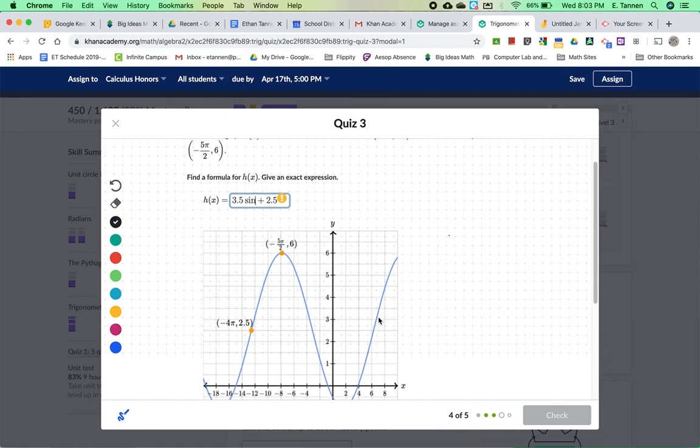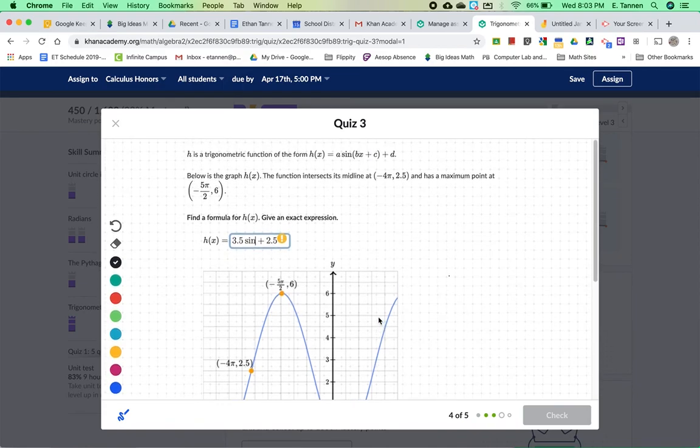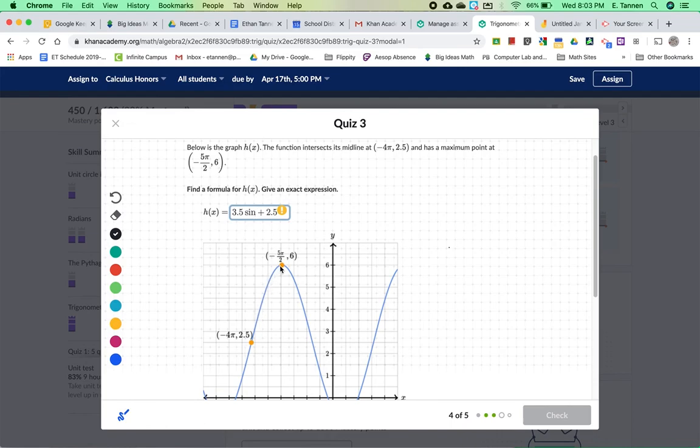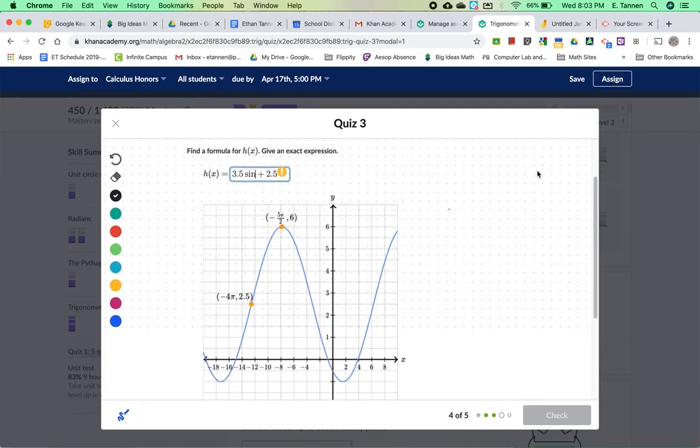So if it goes from the midline to here, so that would be from -4 pi to -5 pi over 2. So that's a difference of 3 pi over 2. And 3 pi over 2 times 4 would give us the period.